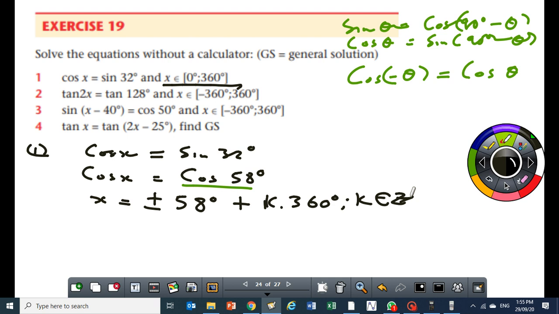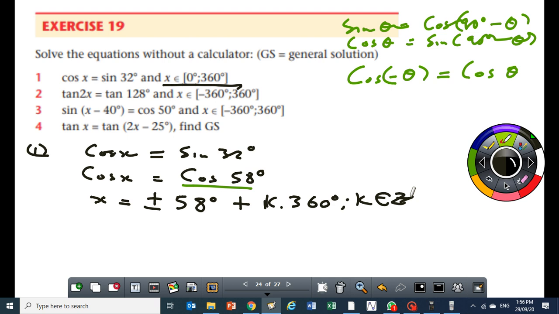You can just know that since there's cos x here and cos 58, therefore x is equal to 58 degrees, but the 58 degrees has a corresponding angle in the fourth quadrant, which can be negative, and that's minus 58 degrees. Then you bring in the general solution, because there are many solutions that can give you the same ratio as cos 58 or sine 32.